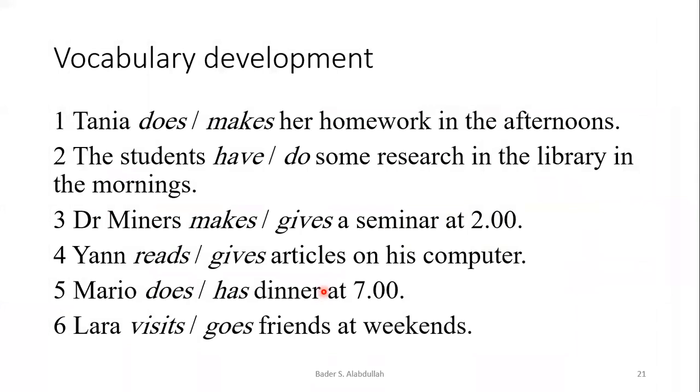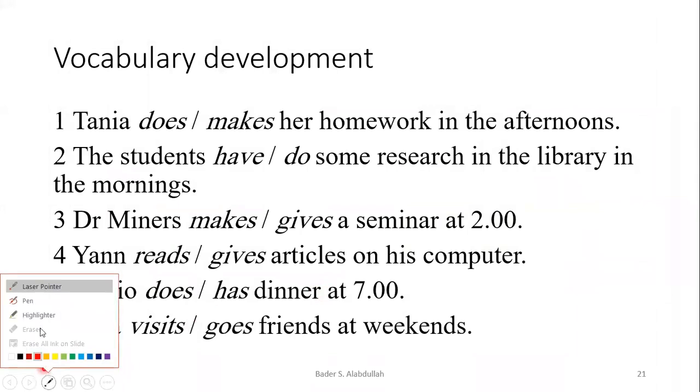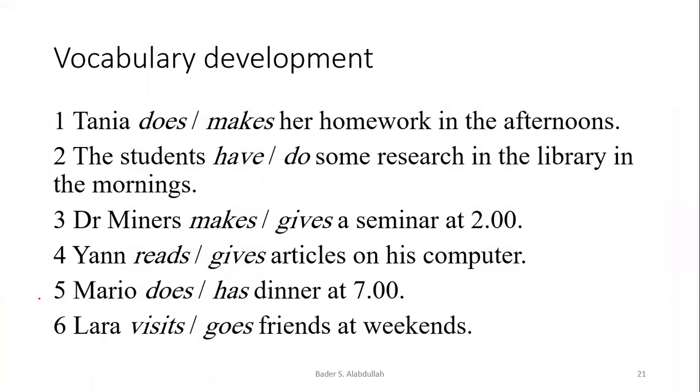All right, now let's read these sentences and see which verb goes with the rest of the sentence. Okay, example number one, Tanya does or makes her homework in the afternoons. Obviously, it's about Tanya answering or doing her homework.